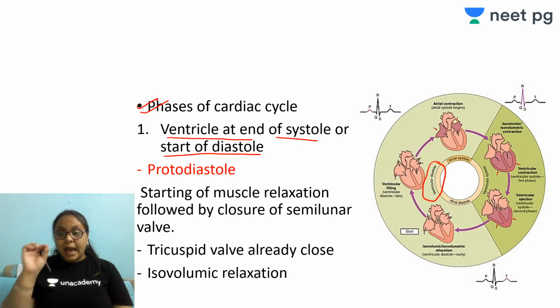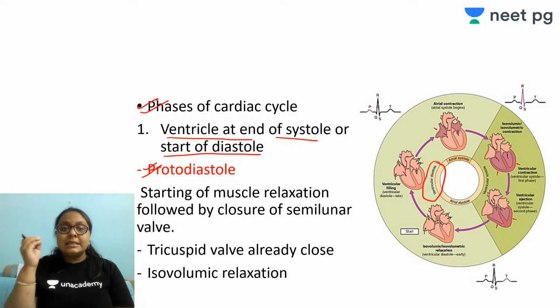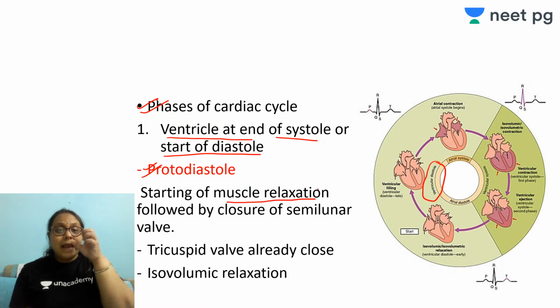So in that, the first event is protodiastole. Remember, it is just the starting off of muscle relaxation, and it is the end of systole.